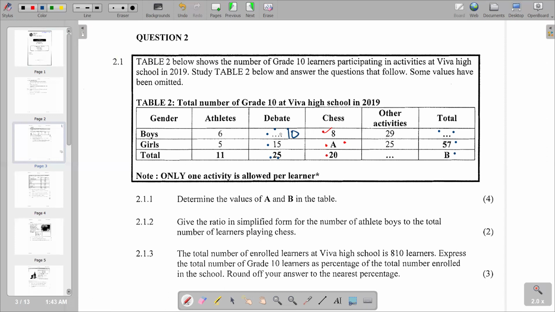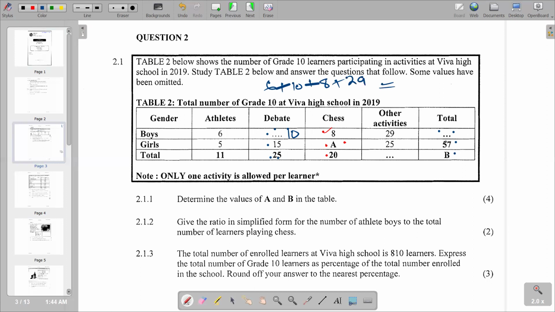So to get this figure, we now say 6 plus 10 plus 8 plus 29, and then we will get this figure.